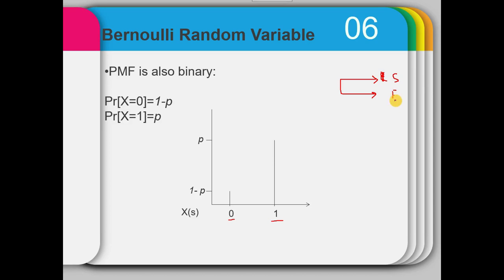If such are the outcomes of a random variable, we say that the random variable is reflecting the randomness of a Bernoulli random variable. It must have two outcomes, and if the probability of one outcome is P, the probability of the other outcome must be equal to 1 minus P. This is now a detailed description of a Bernoulli random variable. We have only defined the PMF. Looking at this diagram, I'm sure you can very easily understand how the CDF of a Bernoulli random variable will look.